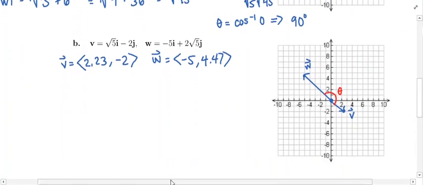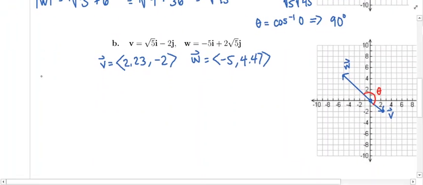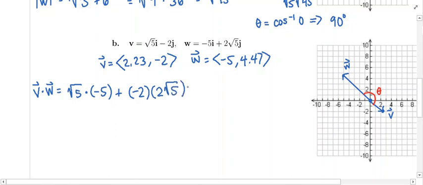Okay, so let's do that here. I'm going to start with the dot product, and again, I need to use the exact answers here. So this is going to be the square root of 5 times negative 5. If you multiply the horizontal components, add the product of the vertical components, so that's going to be negative 2 times 2 square root of 5. Let's see what this gives us.